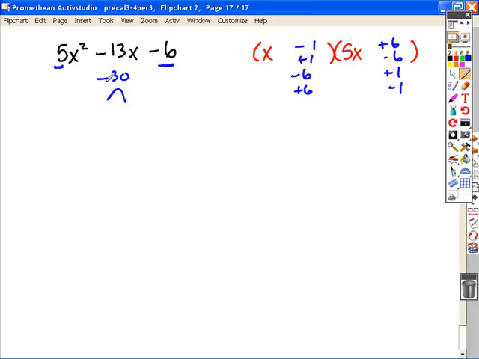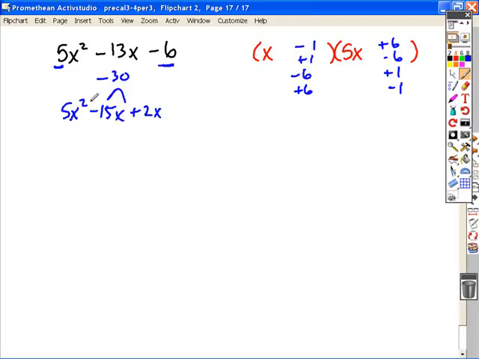The signs have to be opposite, right, because the product's negative. Is a negative 10 plus a positive 3 going to give you negative 13? No, so you need to test negative 15 and positive 2.